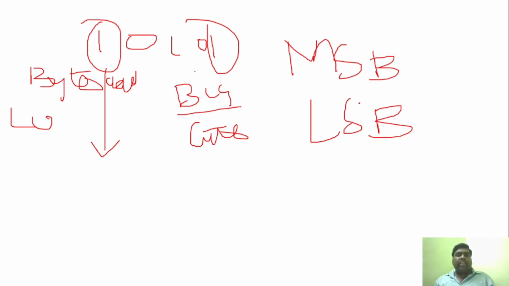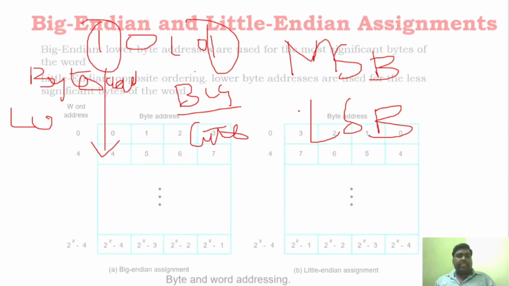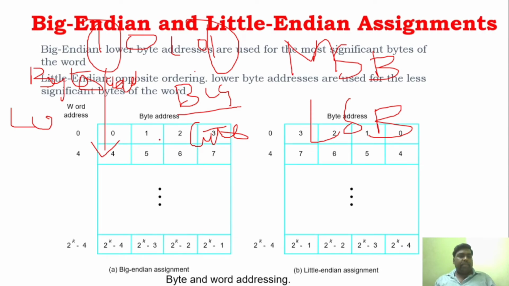And if the LSB is represented by the higher order byte address, then it is called little endian. You can see here, as I said before, 0, 1, 2, 3, and again the second row is 4, 5, 6, 7.